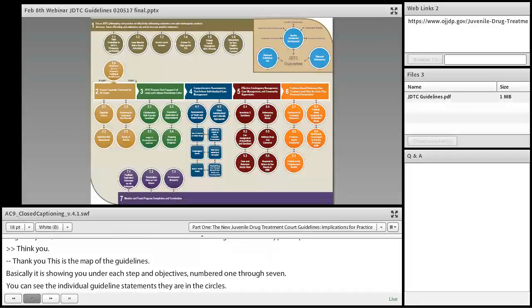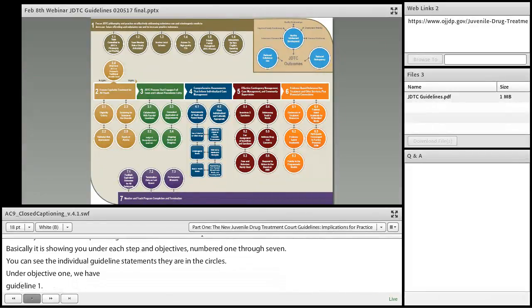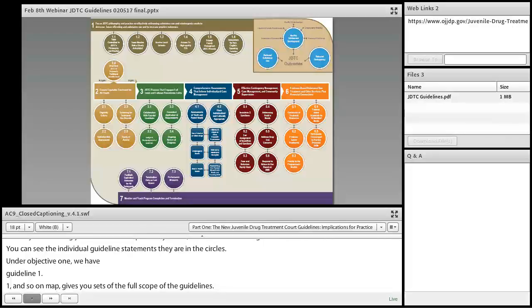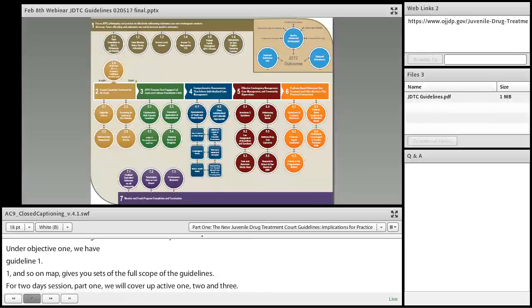This map gives you a sense of the full scope of the guidelines. For today's session, which is part 1, we're going to cover Objectives 1, 2, and 3. We'll make it through those 3, and then we'll cover Objectives 4, 5, 6, and 7 on Part 2 of the webinar, which is coming up in a couple weeks.